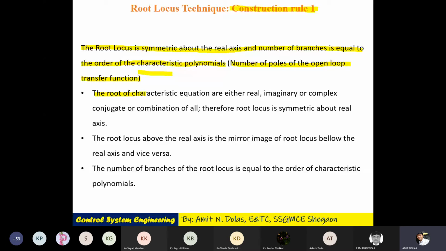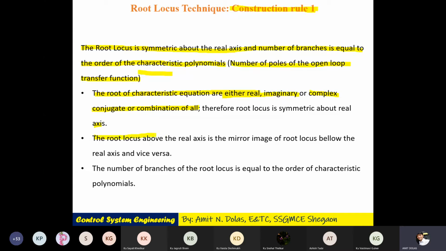The roots of the characteristic equation are either real, of course it may be real, imaginary, or complex conjugate, or a combination of all. कुछ भी रह सकता है रूट्स, जैसे कि -1, -2, it may be -0.5 plus minus j2, or a combination of this.